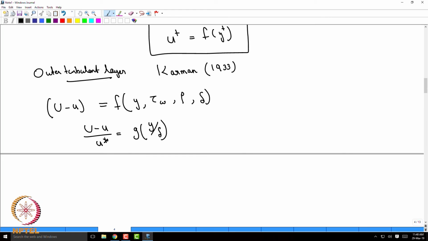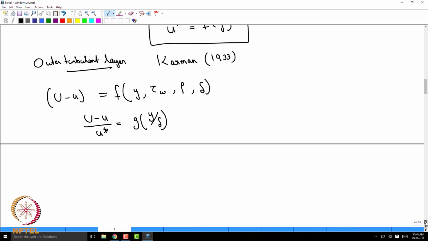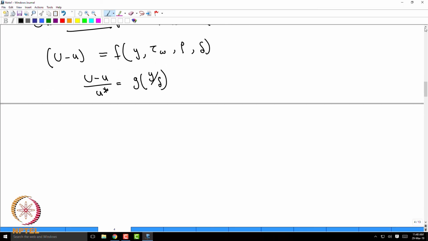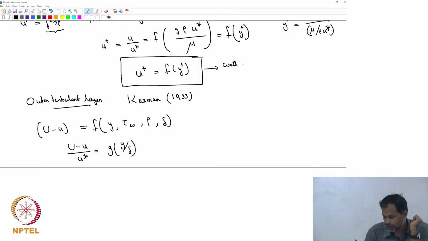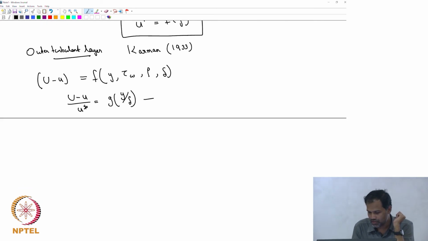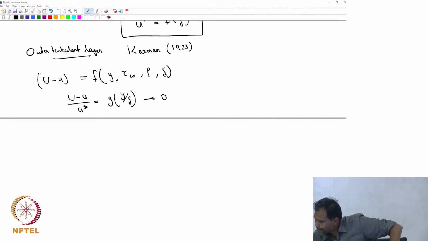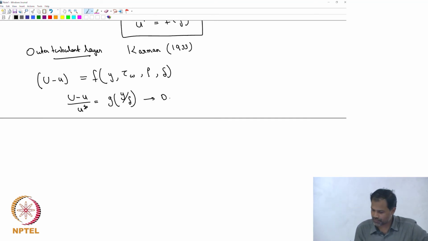So you will get something like this: (U minus u) by u star is a function of y by delta. y by delta is the only other parameter that is going to come. So this expression, u plus is a function of y plus, is called the wall law, and this is called the defect law.